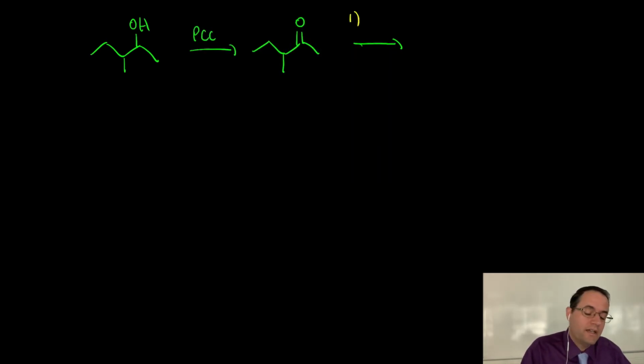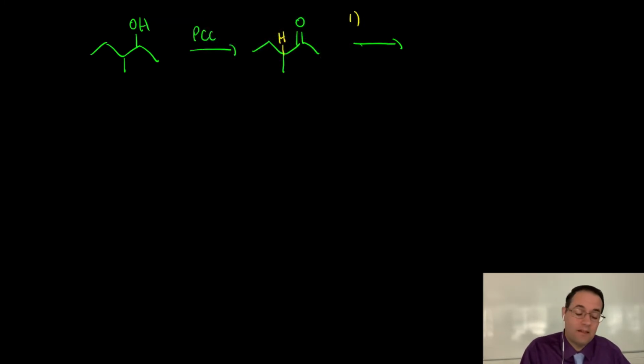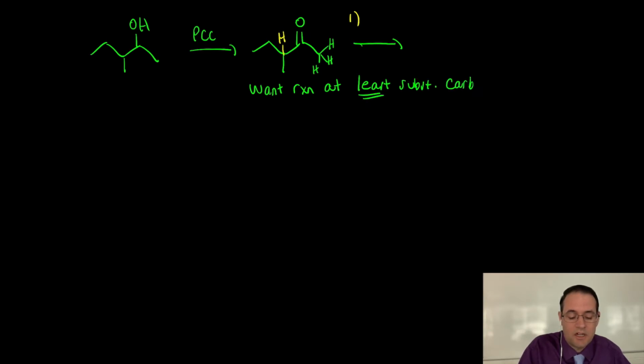We're going to be adding, let's think about this. Do we want to add sodium ethoxide? Or do we want to add lithium diisopropyl amide? So there's 2 different alpha carbons, and we want reaction at the least substituted carbon.